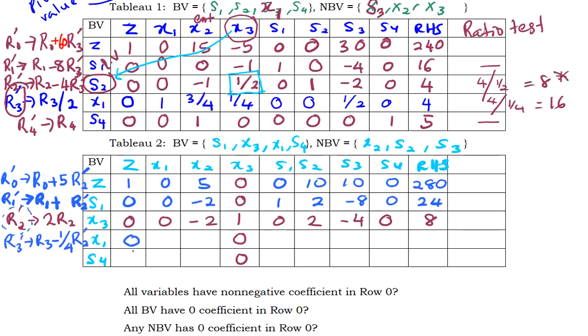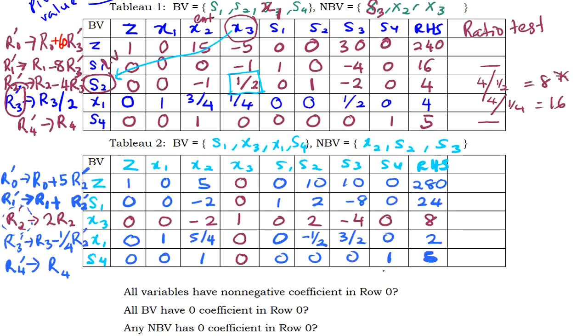So for row 3, we get 0, 1, 5 over 4, 0, 0, negative 1 over 2, 3 over 2, 0, and 2. And the last one, row 4 new, because here is already 0, so we just copy the old row 4. So S4, 0, 0, 1, 0, 0, 0, 0, 1, 5.